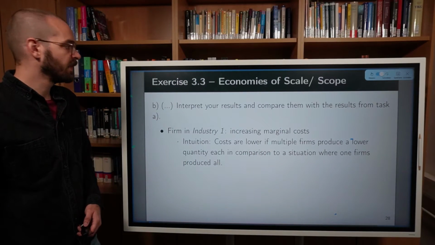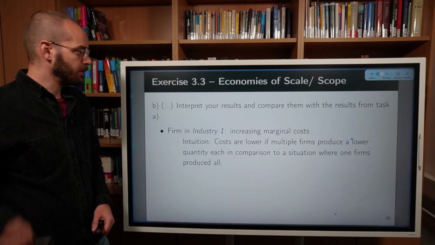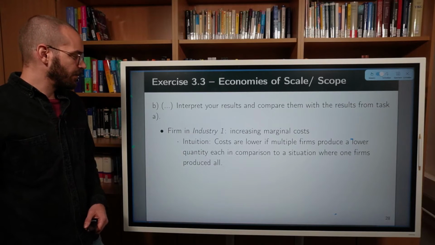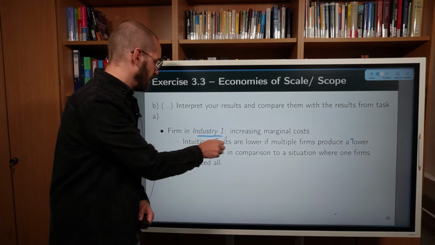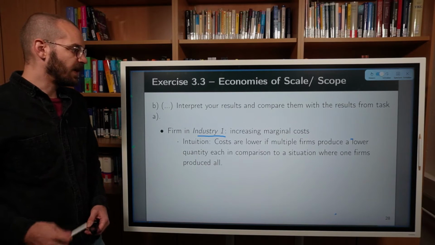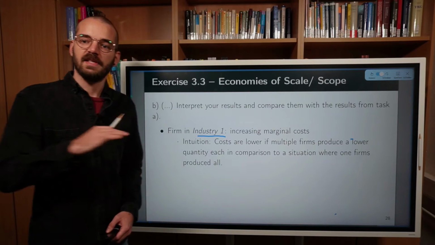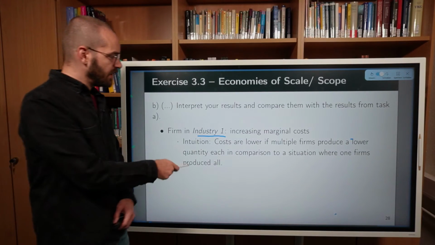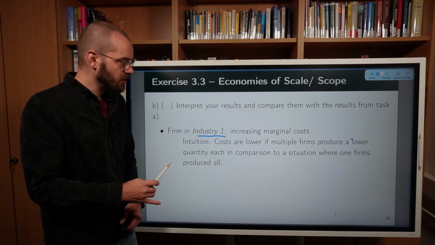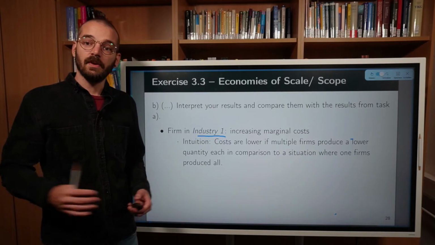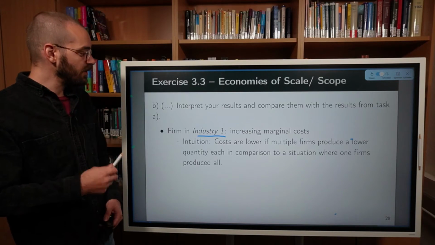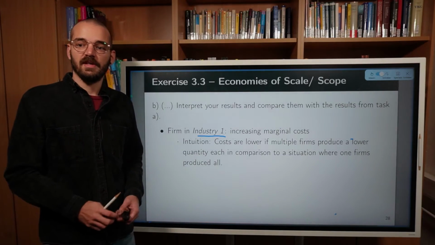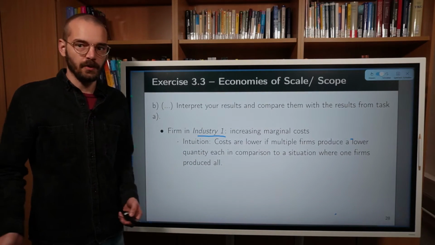All right. We are now asked to interpret or to compare these results with the results from task A. Well, in task A, in industry 1, we saw increasing marginal costs because of this exponential growth in marginal costs. So the intuition was that the costs of production in this industry are lower if there are multiple firms that produce individually a lower quantity, in comparison to a world where there's only one big firm producing all the quantity.